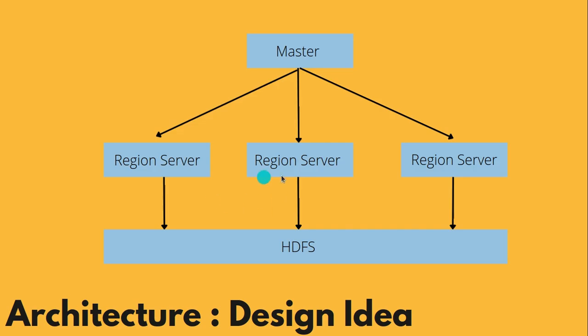So these are the HRegionServers available. When you start the daemons of HBase, when you write start-hbase.sh in your terminal, you must get the HMaster as a daemon under the JPS command. All right. So this is the design idea. We have one master, we have some slaves, and we are using HDFS as the underlying storage.